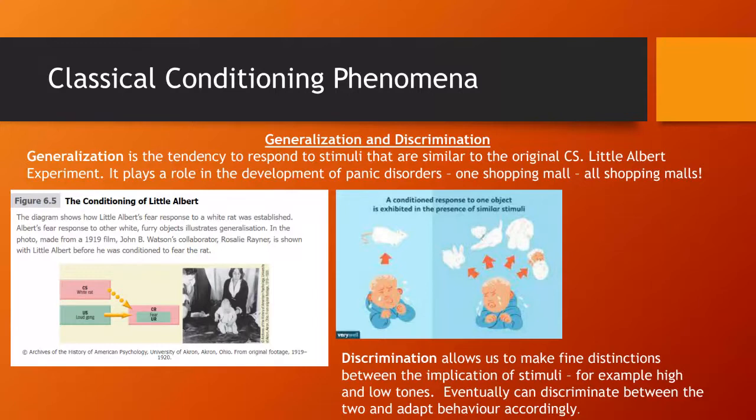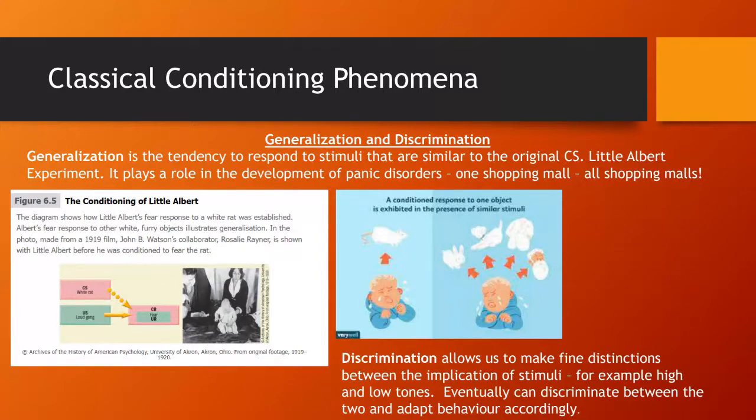If you have an incident in a shopping mall, like one in Durban or wherever you are, suddenly that gets generalized to all shopping malls. So those stimuli can be generalized to a much bigger scale, which can then lead to that panic disorder.